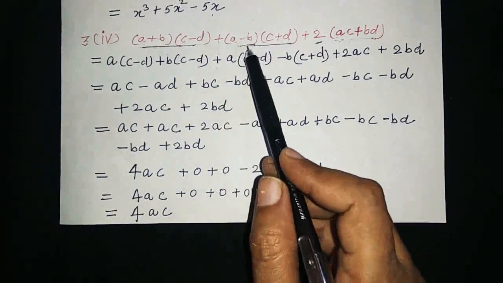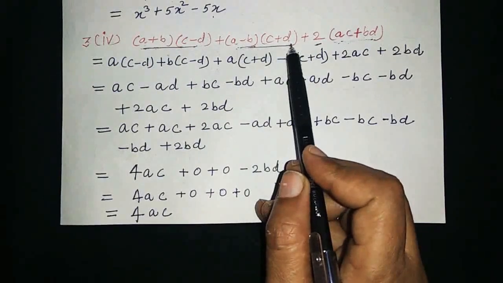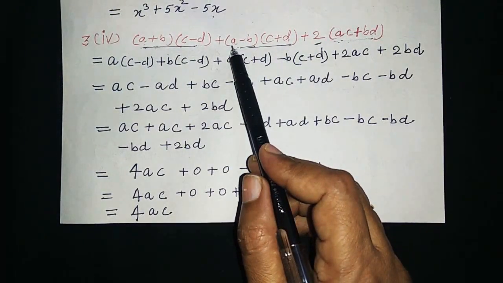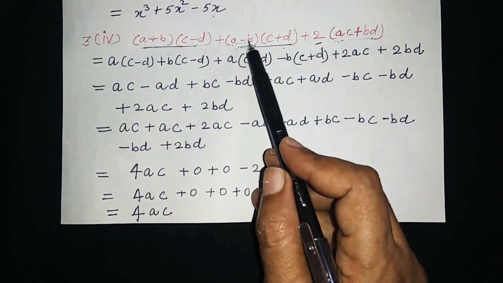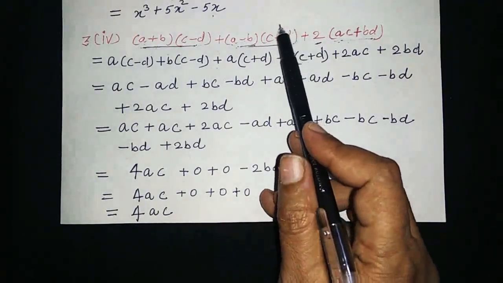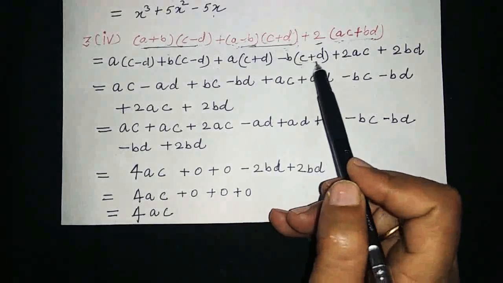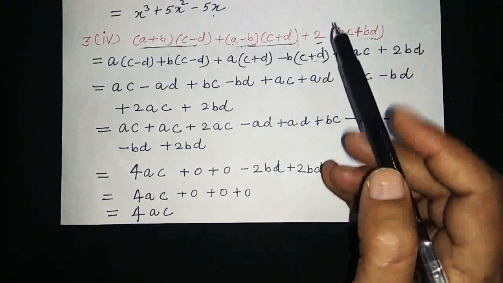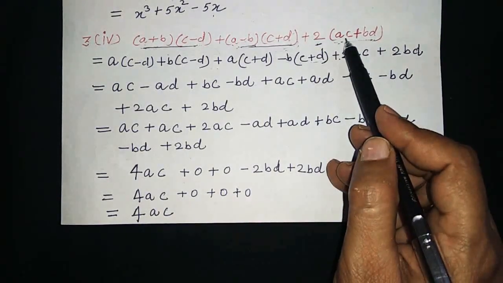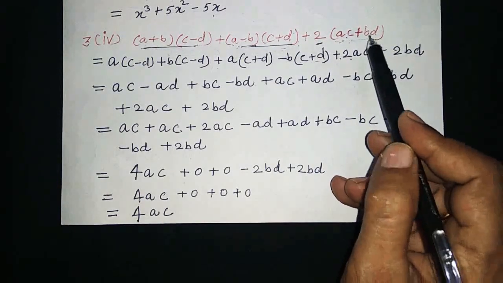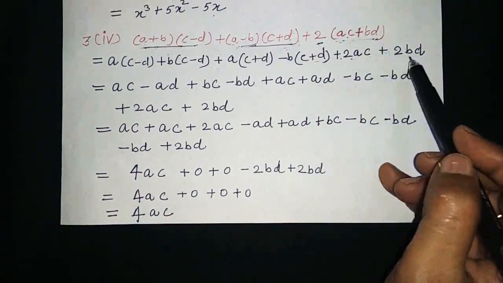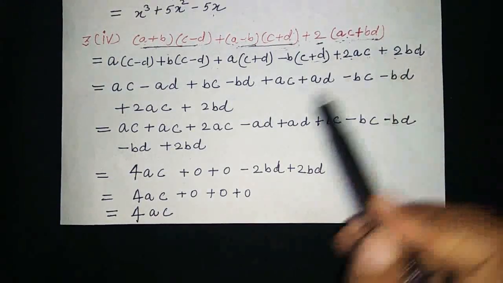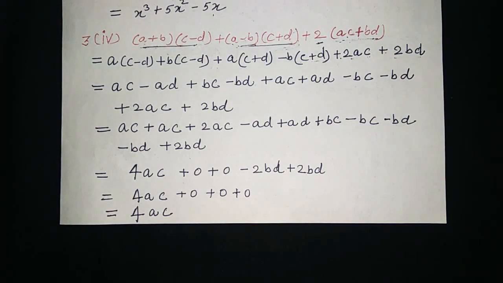Now we will solve these two: a into (c + d), and here minus b into (c + d), plus 2 into ac, 2ac, plus here 2 into bd. What will come here? 2bd. Now we will simplify it.